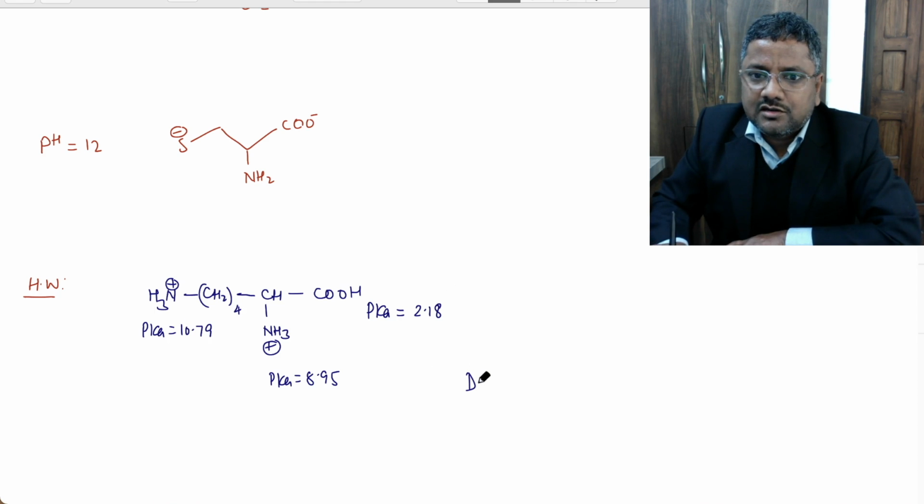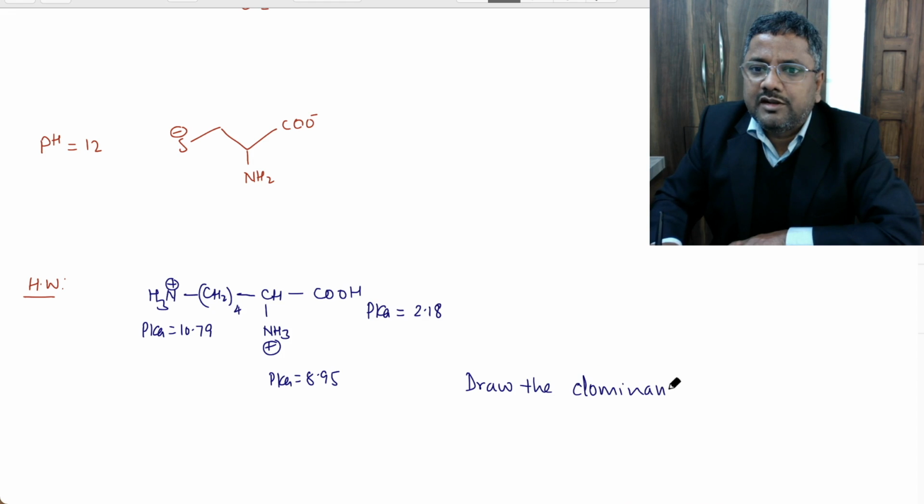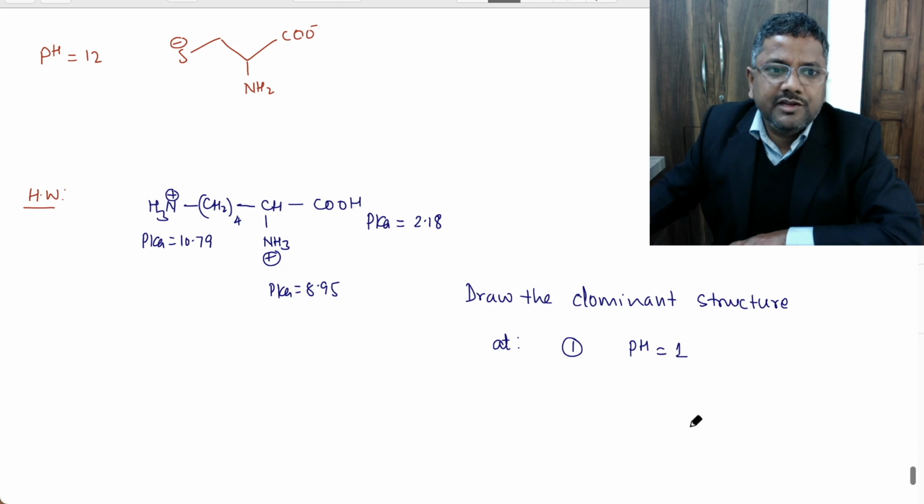Same question. Draw the dominant structure at number 1, pH is equal to 1, strongly acidic medium.